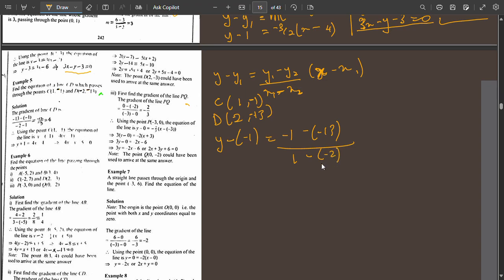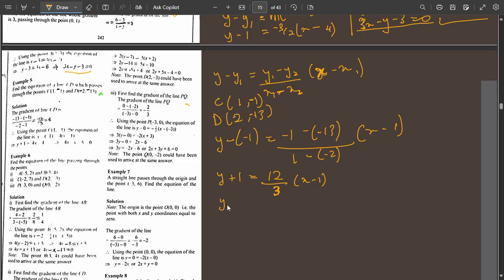So we have y plus 1 is equal to minus 1 plus 13, that's 12, then x minus x1, where x1 is 1, over 1 plus 2, that's 3. So x minus 1.